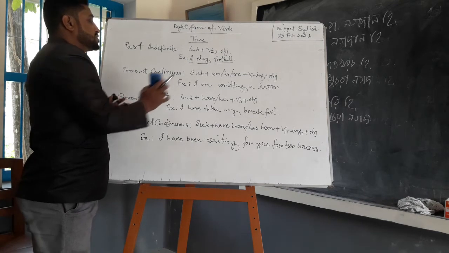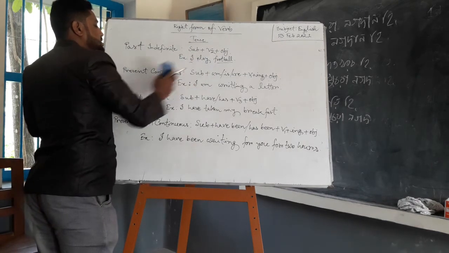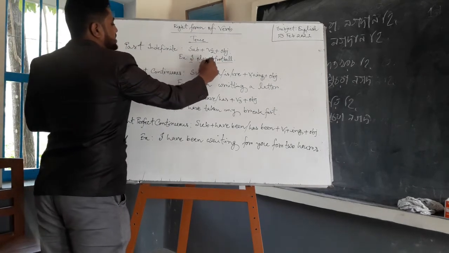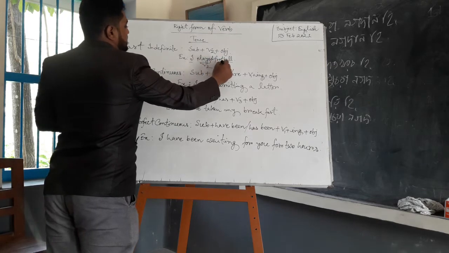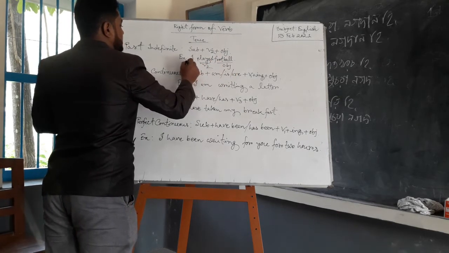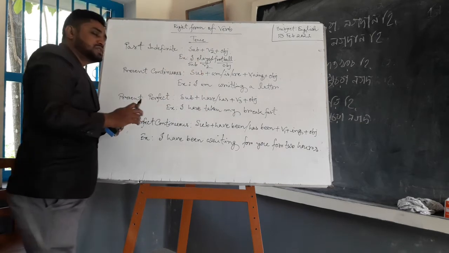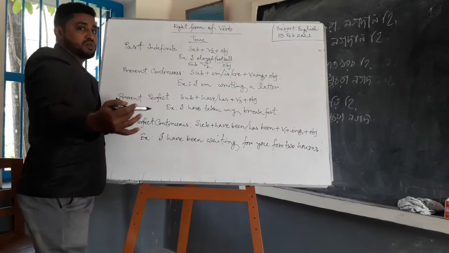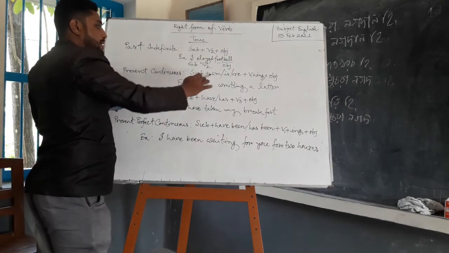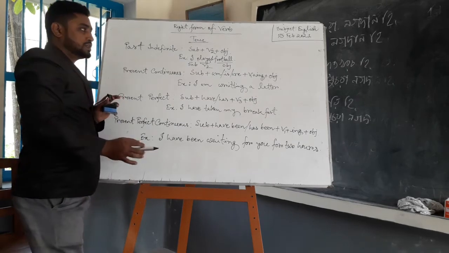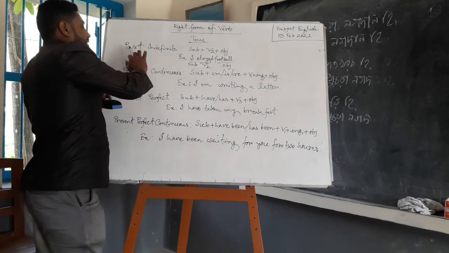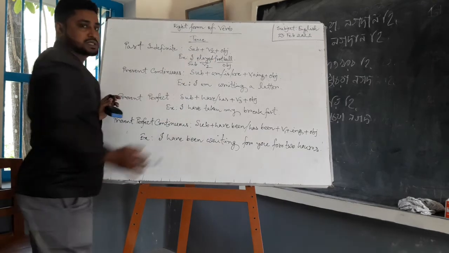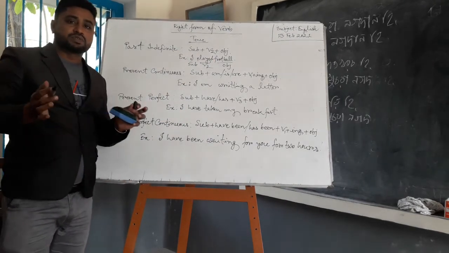And for that we have to change the form of verb like this: I played football. If the subject is I and verb 2, that is past form of verb, is played, and object is football. So the structure of past indefinite tense is subject plus verb 2 plus object.